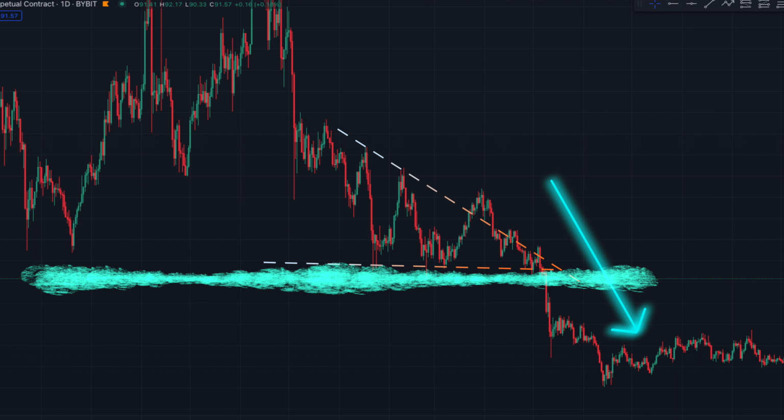As you can see here, when we break through this descending triangle, it is a sign of bearish. We can open the position on the pullback to this area again, and check the volume spread analysis.